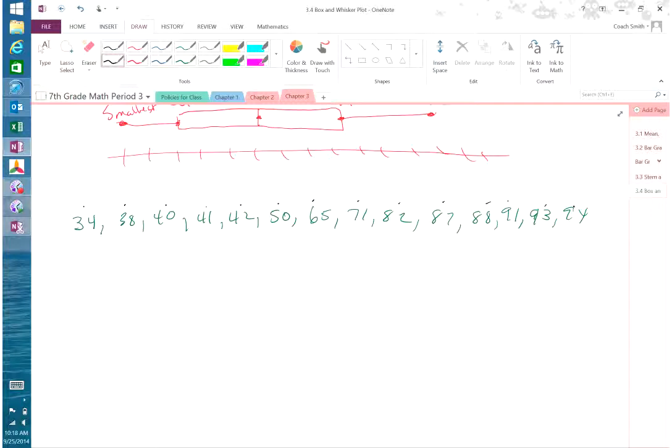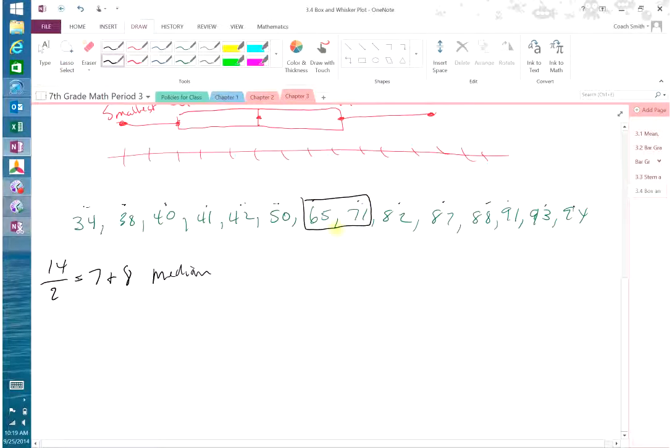Make sure I had the same amount that the book had. So the median then, if I have 14 numbers, I divide 14 by 2, and that gives me 7. So that means it's going to be the 7th and 8th number that will be your median. So 1, 2, 3, 4, 5, 6, 7, 8. Those two are your median.